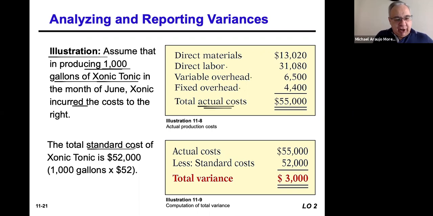Your standard costs you calculated at 52,000. So your variance is 3,000. You spent 3,000 more. Your costs were $3,000 higher than the standard. So this is not good.